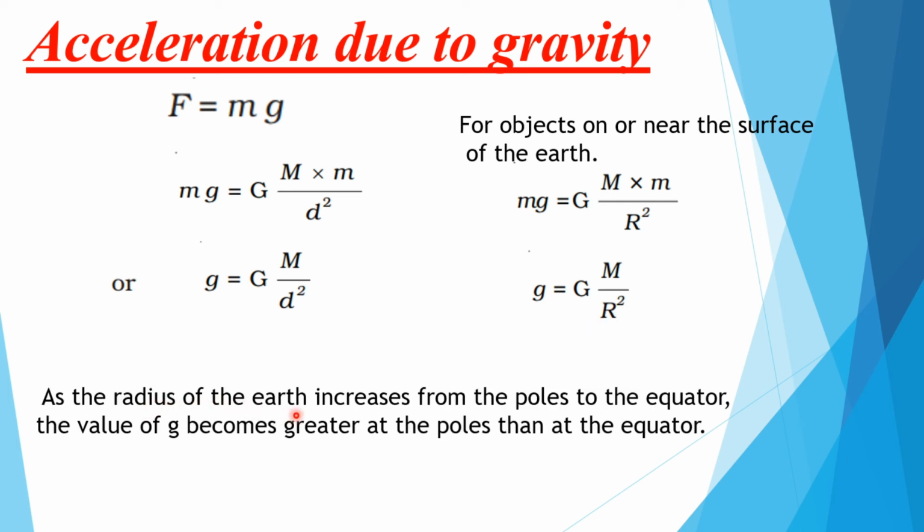As the radius of the earth increases from poles to the equator, the value of g becomes greater at the pole than at the equator, since g is inversely proportional to the radius square. So, as the radius is increasing, the value of g will be decreasing. At the poles, the radius is less, and so the value of g will be more, and at the equator the radius is more, so the value of g will be less.